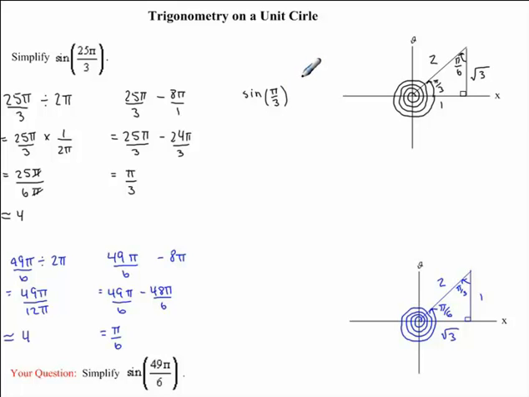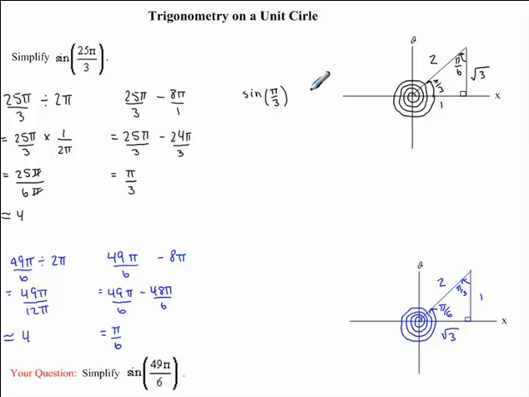To find the trigonometric ratio for sine pi over 3, there are two things that we need to remember: SOHCAHTOA and our CAST rule. According to SOHCAHTOA, sine of an angle is equal to opposite over hypotenuse.